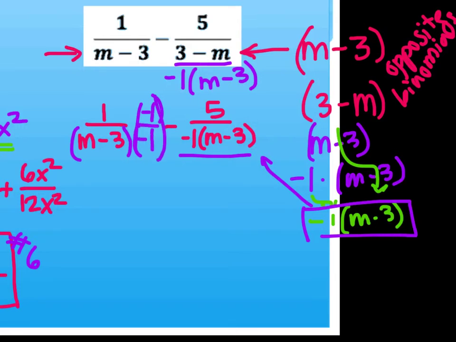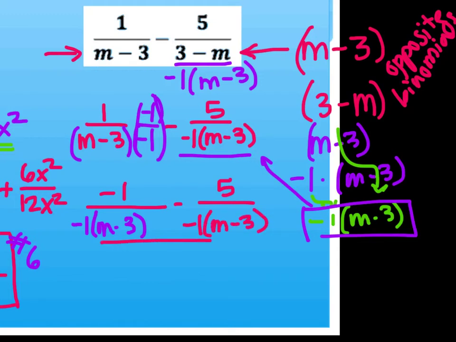The only part of that expression that we are missing is the negative 1. So we're going to multiply the top and the bottom by negative 1. If we do that, we can rewrite 1 times negative 1 as negative 1, and the bottom as negative 1 times m minus 3, and we still have our other expression of minus 5 over negative 1 times m minus 3.